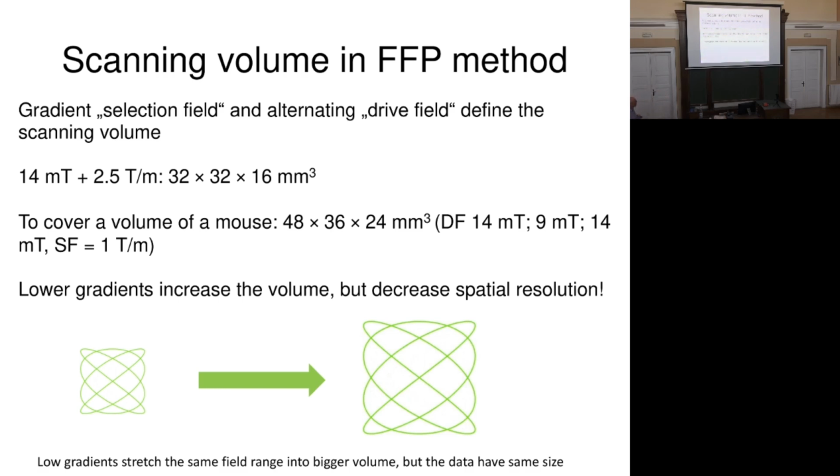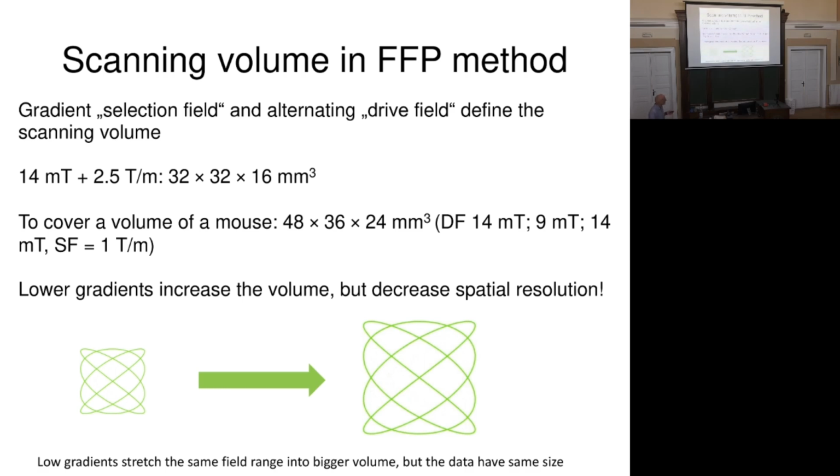But of course, if we lower the gradients, we increase the volume, but we also decrease spatial resolution. Very simply, we just stretch the field of view to a bigger volume, but the data itself still has the same size.